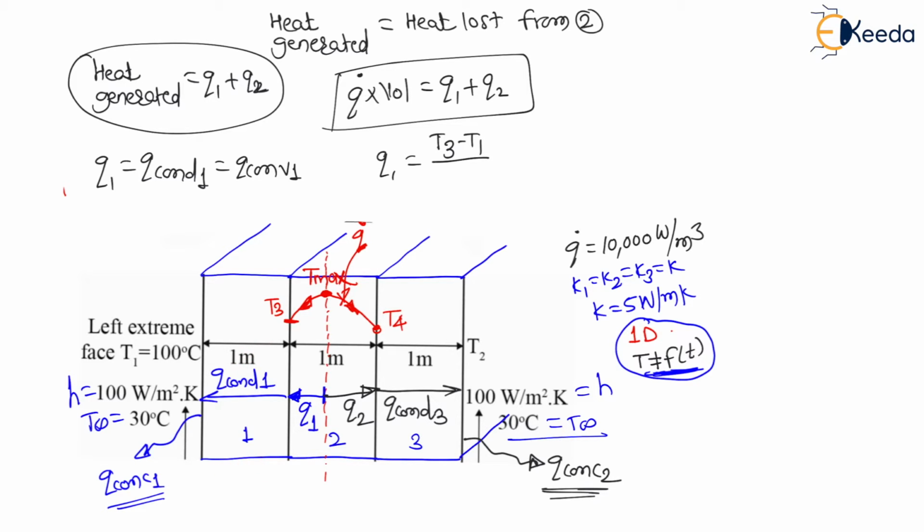We know that the resistance of a slab is equal to thickness divided by K into A. Here the thickness of the first slab is 1 meter. Therefore, T3 minus T1, thickness of 1 meter, and thermal conductivity K into area A is equal to, right?